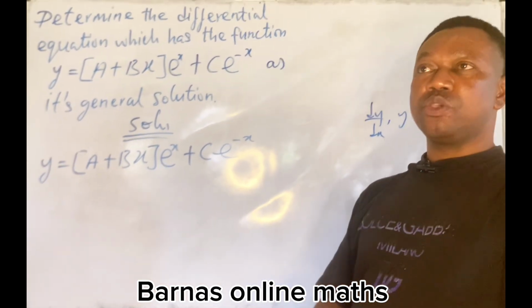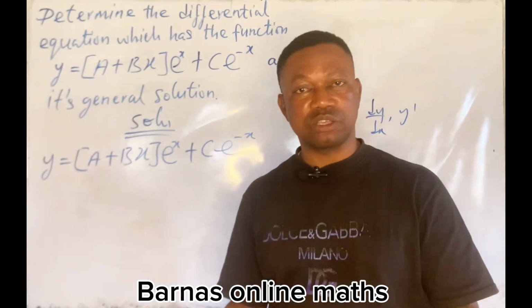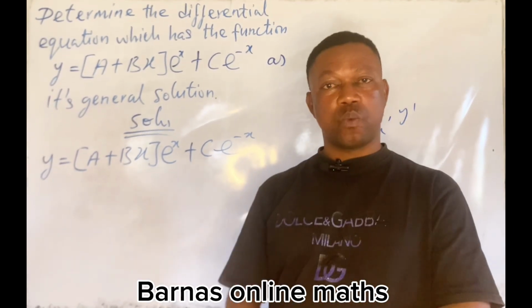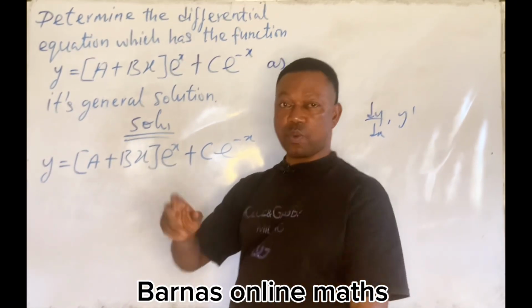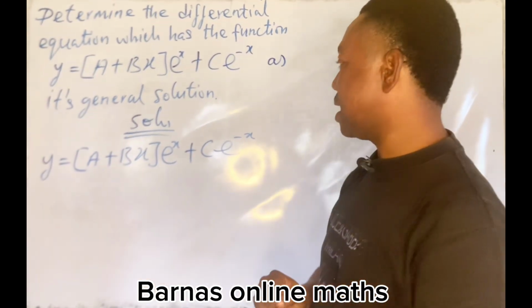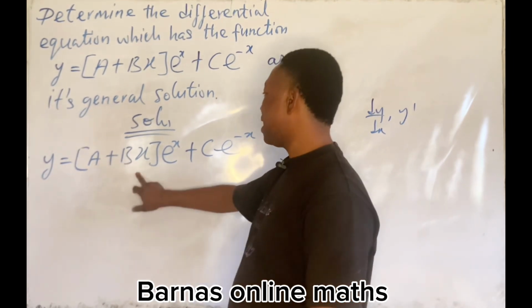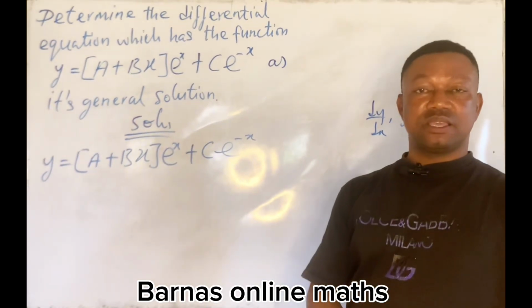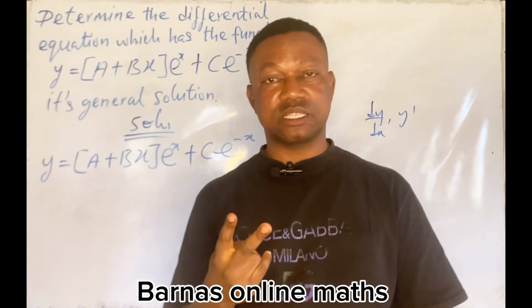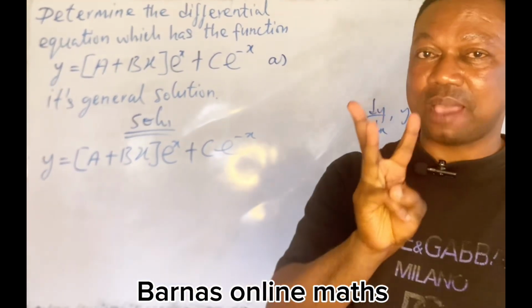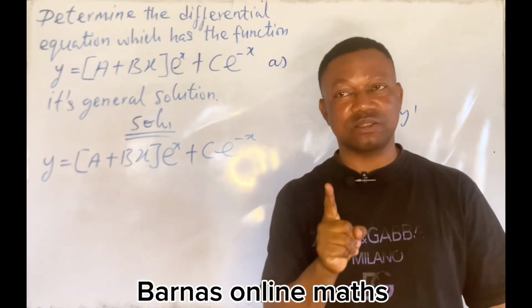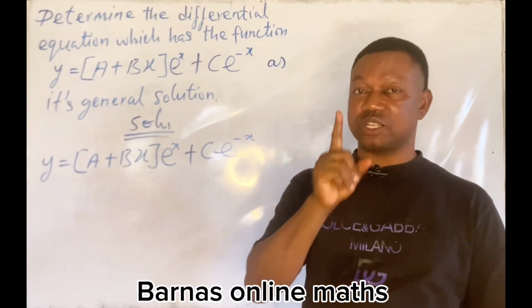First of all, you ask yourself, how many constants do we have here? We have three constants. What are they? A, B, and C. And since we have three constants, we're expected to differentiate three times. If we have only one constant, we differentiate once.